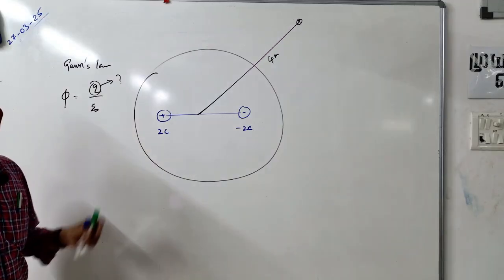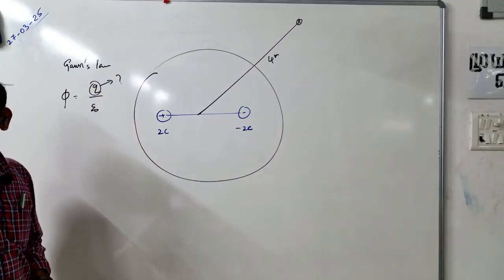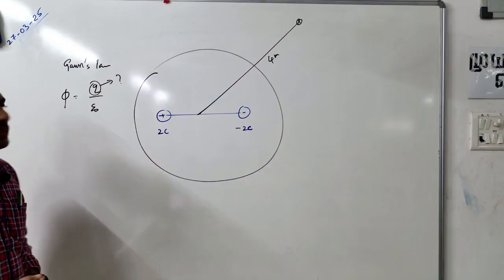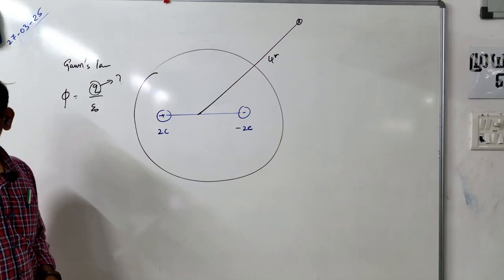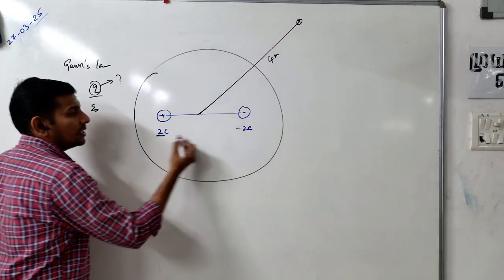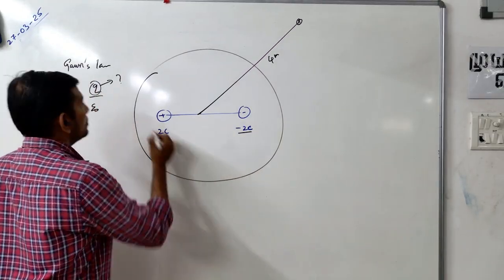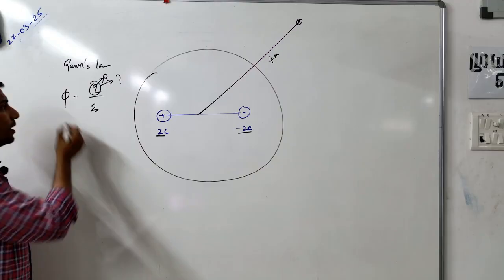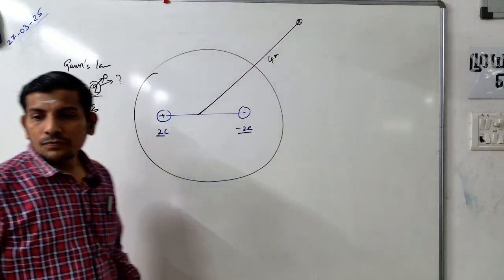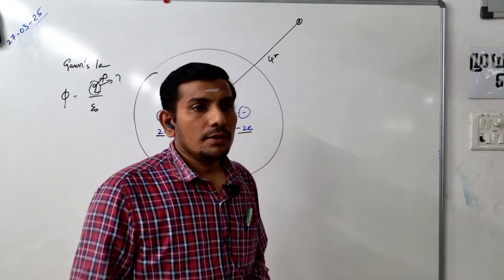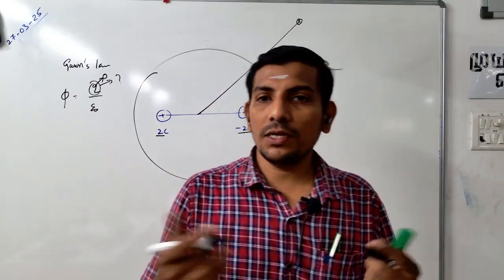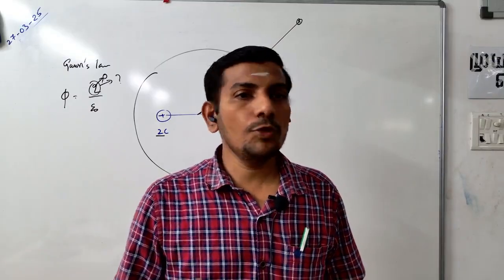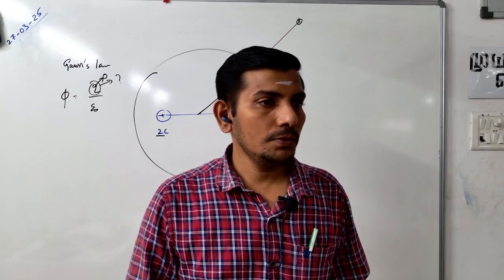The Q is equal to the net charge enclosed by the surface. What's the net charge enclosed by the surface? 2C minus 2C. So the net charge enclosed by the surface is equal to 0. So the net flux is equal to 0. So whenever a Gaussian surface encloses a dipole, the net flux should be equal to 0.